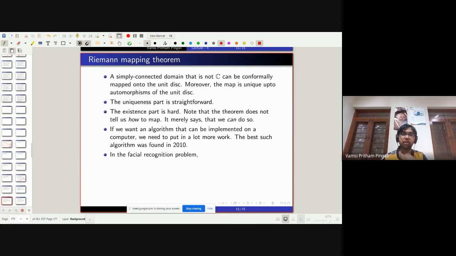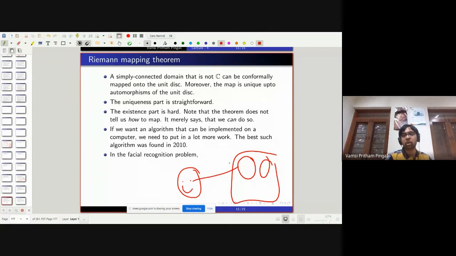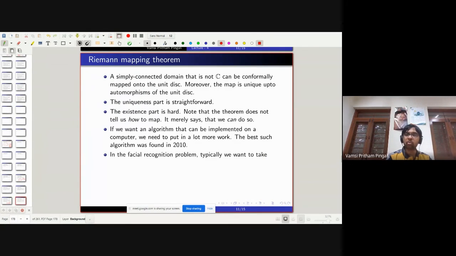In the facial recognition problem, you remember at the very beginning I said if I want to recognize faces from a list, I would want to map them to each of these by means of a nice map and see to which I can map them, right? Unfortunately, typically we want to take a bunch of points.